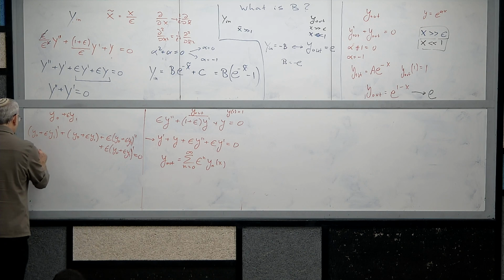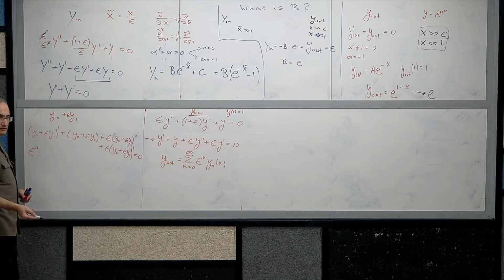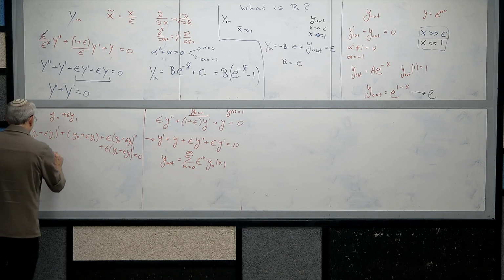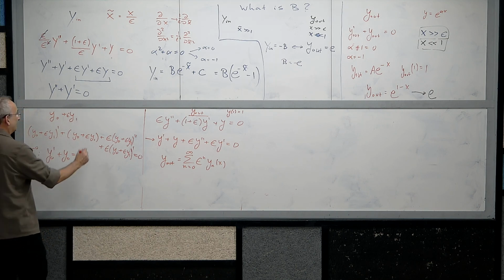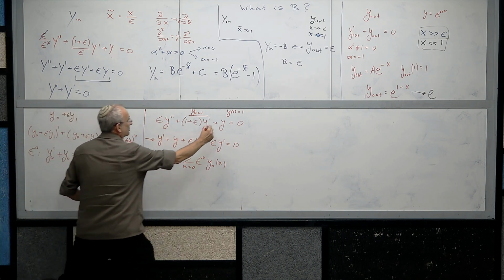So to the zeroth order in epsilon, what do I have from here? Just the one we did for y out: y naught prime plus y naught equals 0, right? And remember we have the boundary condition.